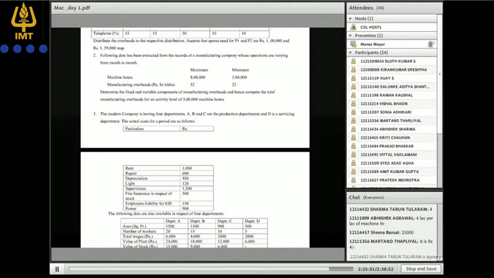Yeah, so it is actually how much? Rupees 4. So 4 is your variable cost, 4 rupees per hour. Okay. Is it clear to all of you, or should I solve this numerical?